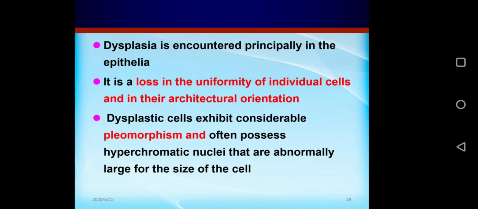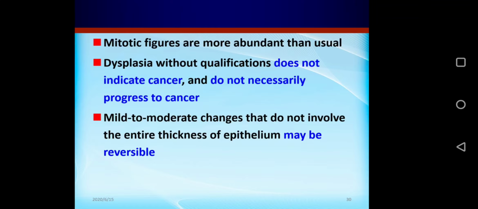It shows a loss in the uniformity of individual cells and in their architectural orientation. Dysplastic cells exhibit considerable pleomorphism and often possess hyperchromatic nuclei that are abnormally large for the size of the cell. Mitotic figures are more abundant than usual. Dysplasia without qualification doesn't indicate cancer and doesn't necessarily progress to cancer.